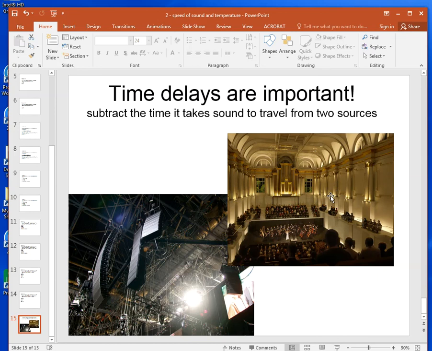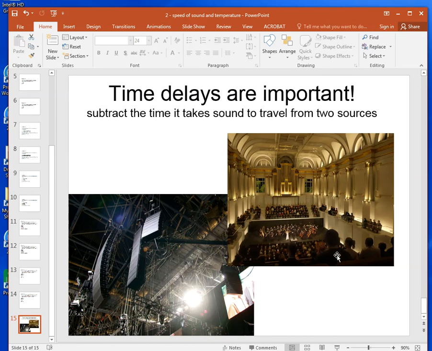But for right now, I just want to motivate that these time delays really are very important. This is a topic that a lot of sound engineers spend a lot of time thinking about, and they consider very carefully the speed of sound and the temperature of a concert hall. If you took the difference in time from this cello to this person, and from the French horn to this person, the person is close enough that there's not much time delay.